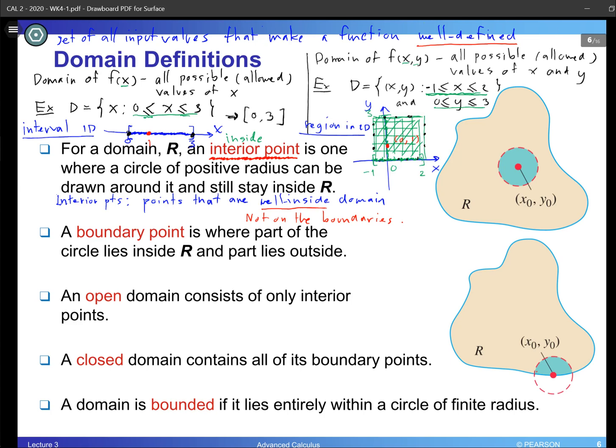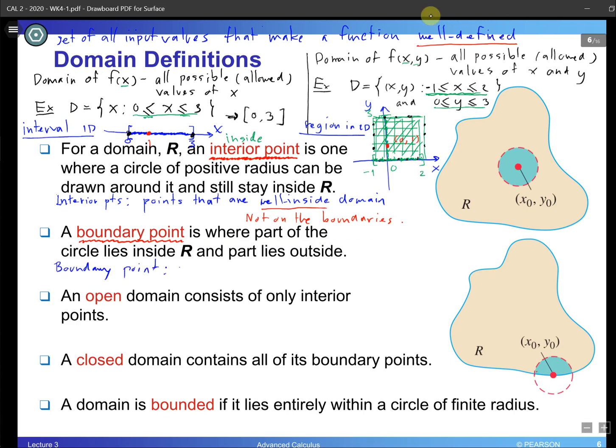All right. Okay. Now, let's take a look at the next one, boundary points. We already talked about this when we brought up some examples of the points that are not interior points. So, for the boundary points, you can put this definition right here to make it clear. Boundary points are points that are on the edge of the domain.